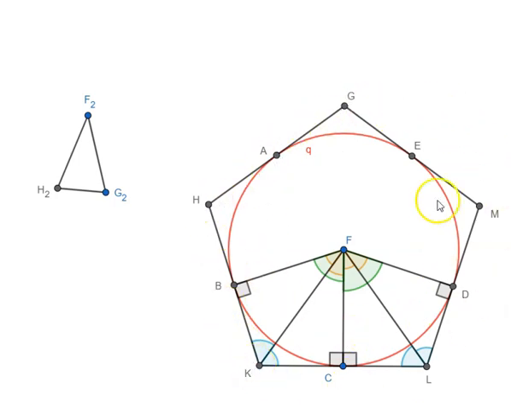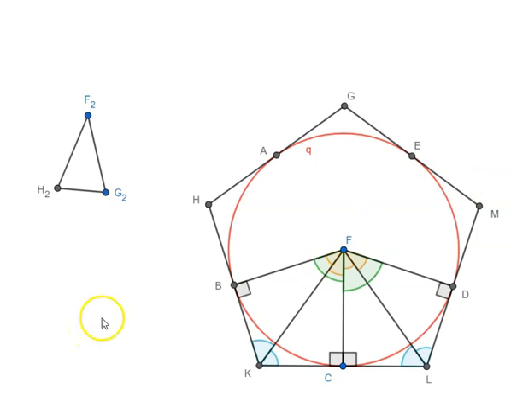So that way we would have proved that this pentagon is also equiangular. So we have constructed, or rather circumscribed, an equilateral and equiangular pentagon on a given circle.